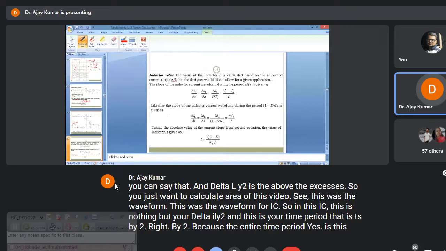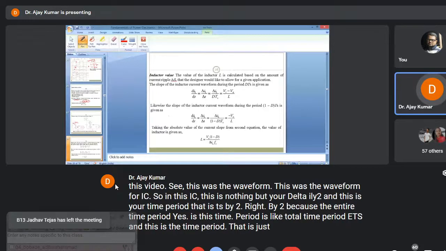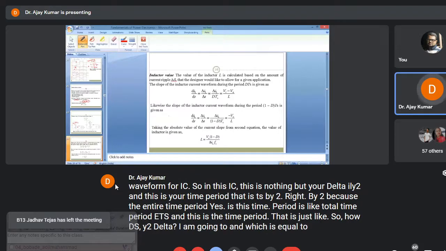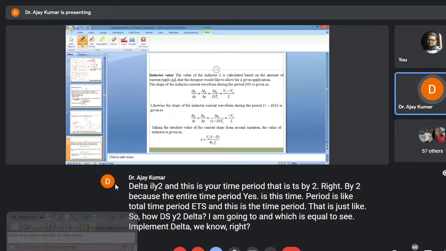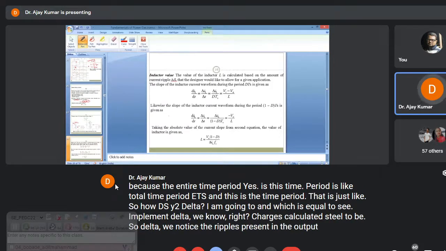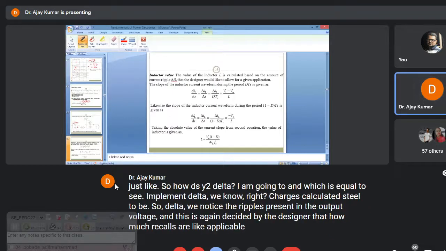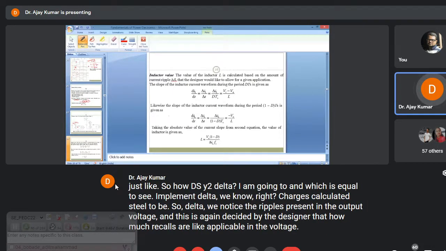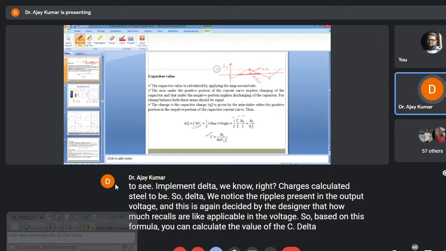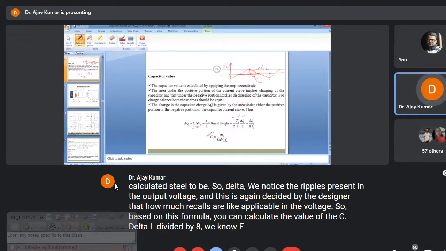So half into TS by 2 into delta IL by 2 is equal to C into delta V naught, right? Charge is calculated as C into V. So delta V naught is the ripple present in the output voltage, and this is again decided by the designer, how much ripple is acceptable in the voltage. So based on this formula, you can calculate the value of C as delta IL divided by 8 V naught f_s, where f_s is the switching frequency, correct?